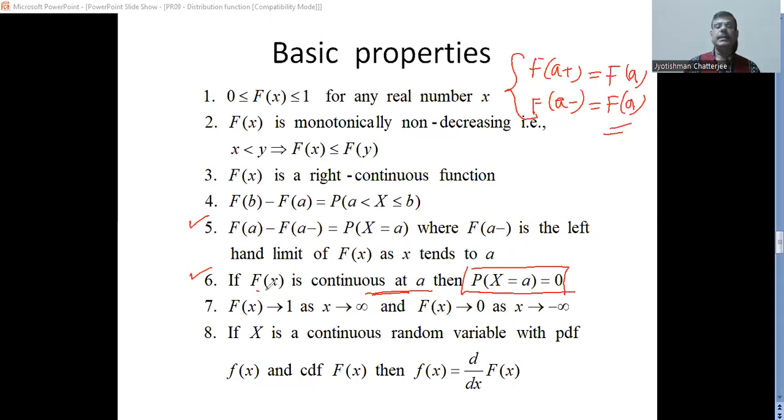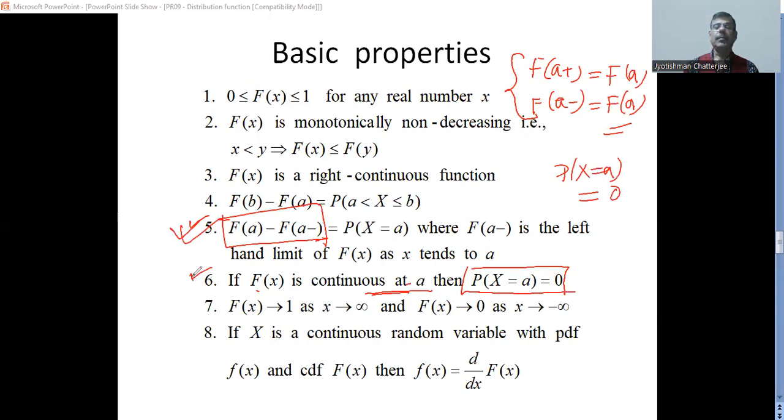So in that case, if F_X is continuous at the point a, then F(a) minus F(a-) must be equal to 0, because of this thing. So this is 0, and this being 0 means what? Probability of X equal to a is 0 because of property 5.